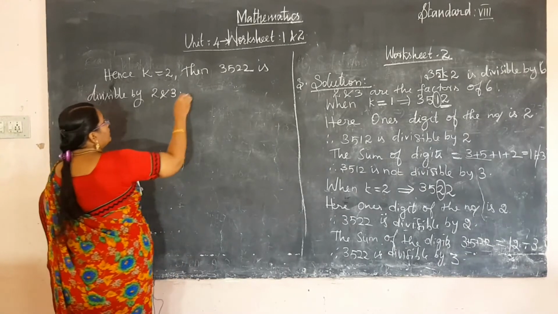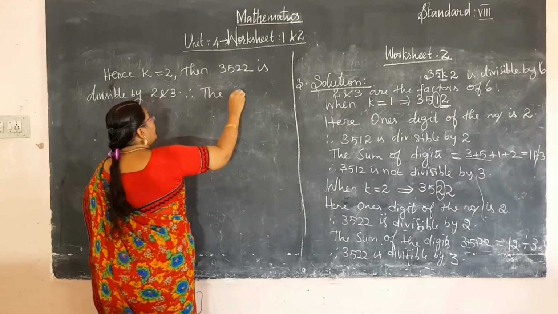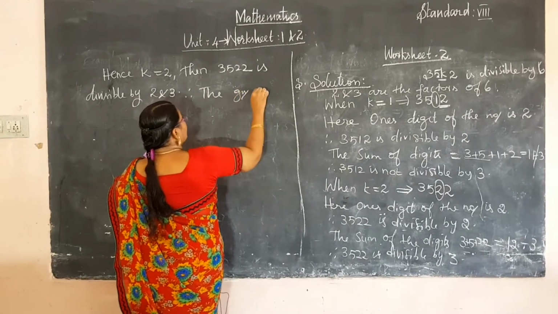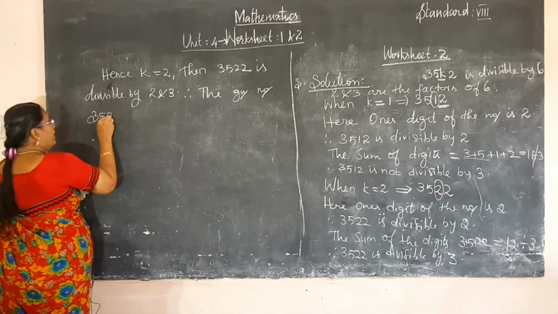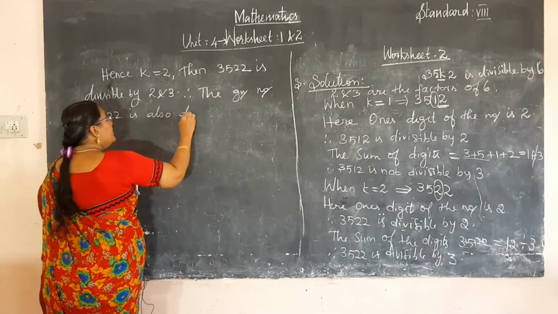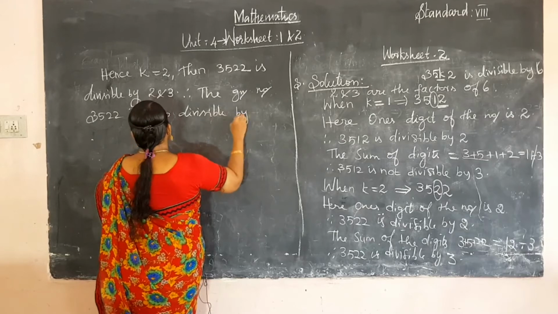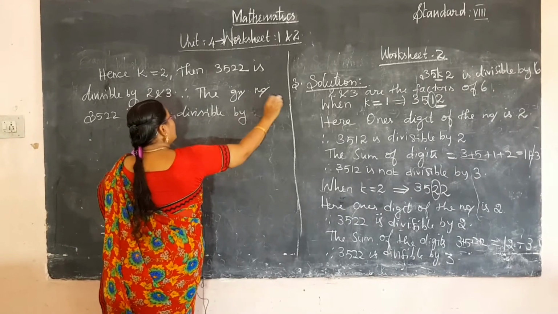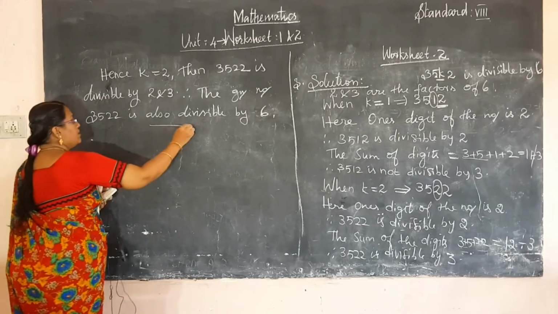Therefore, the given number 3522 is also divisible by 6. That's it.